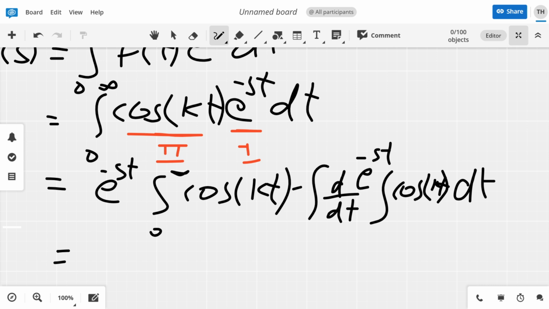You can let this integration be equal to I.